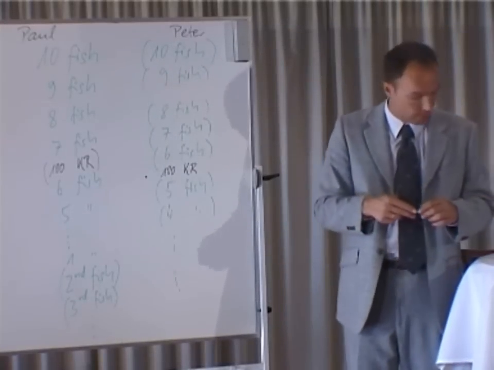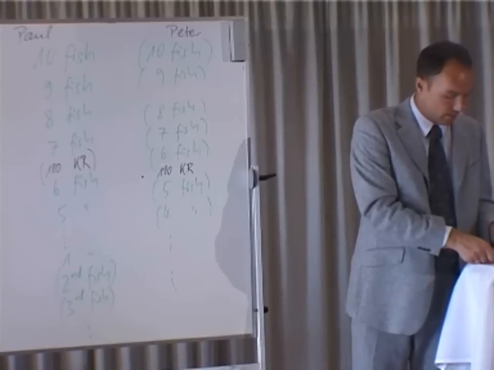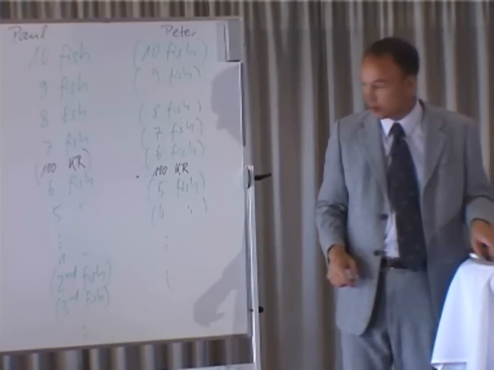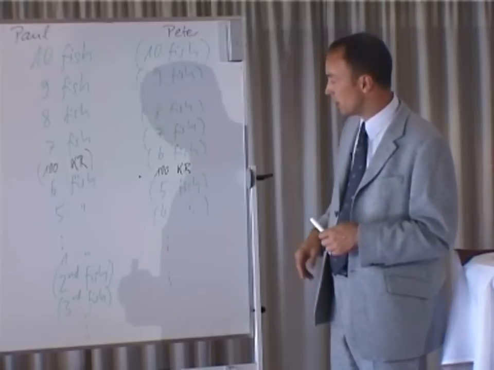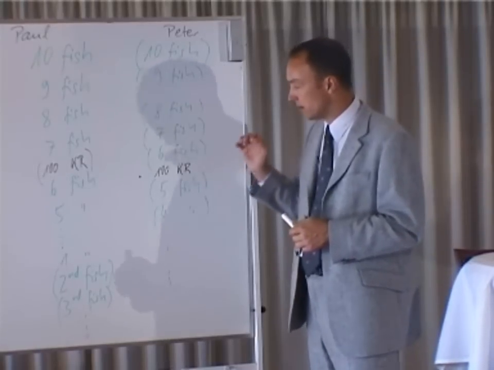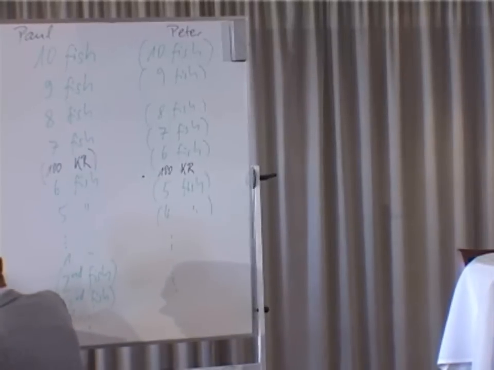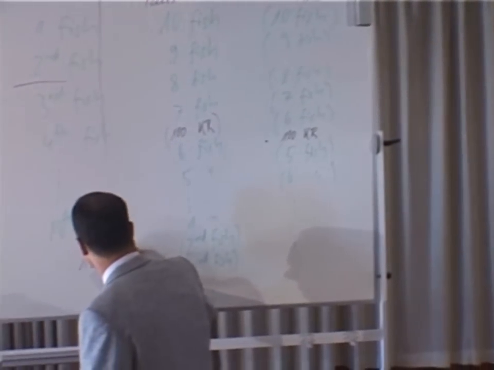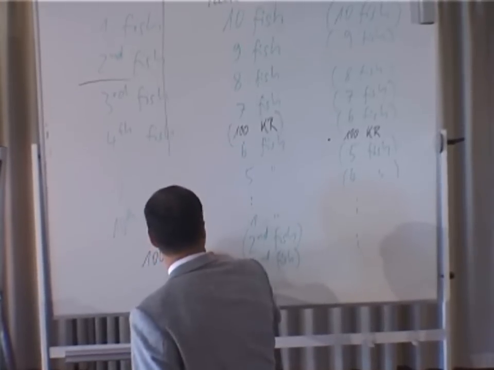So in this case, we would have a market exchange that results from these value scales. And it would in fact be, accidentally, because of my example, exactly determined. So the market price that would obtain on the market is 100 coronas for 6 fish.